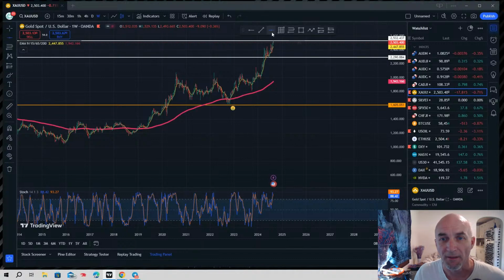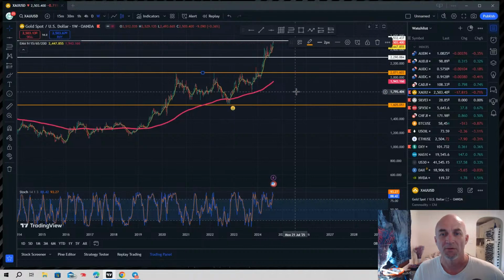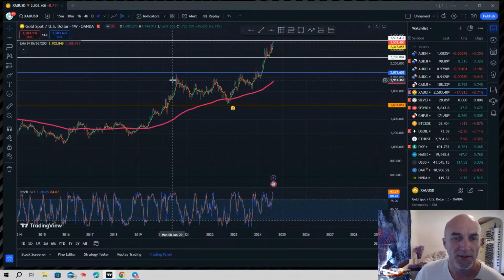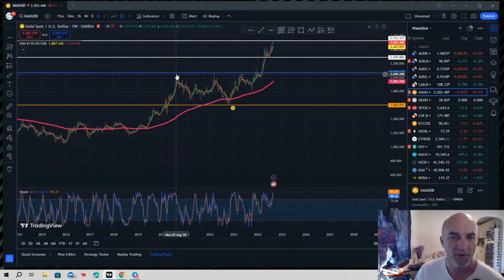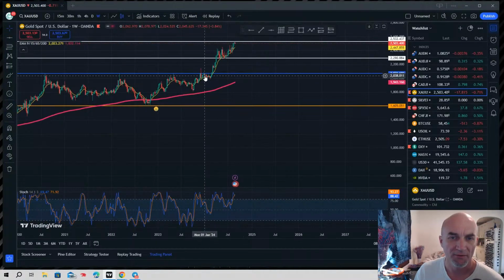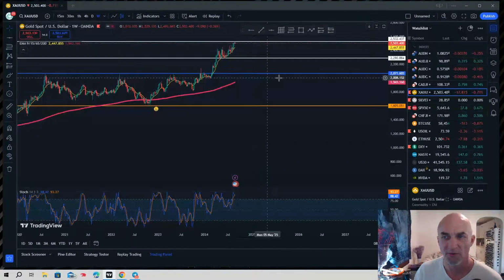So I can now see that right here-ish we have, so price came up to 2071. 1, 2, 3, 4, broke through but didn't close above it. 5, 6, 7, 8 times, 9, 10 times, and it finally broke through.